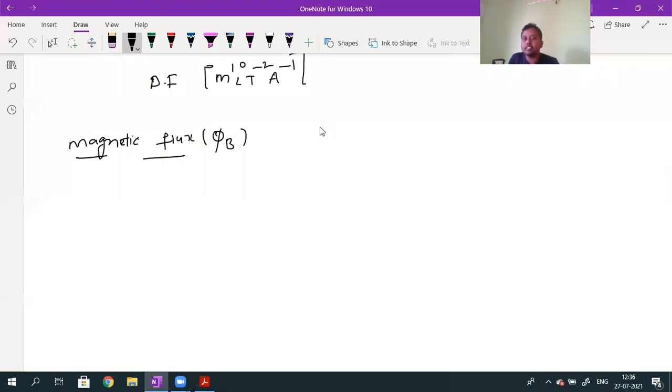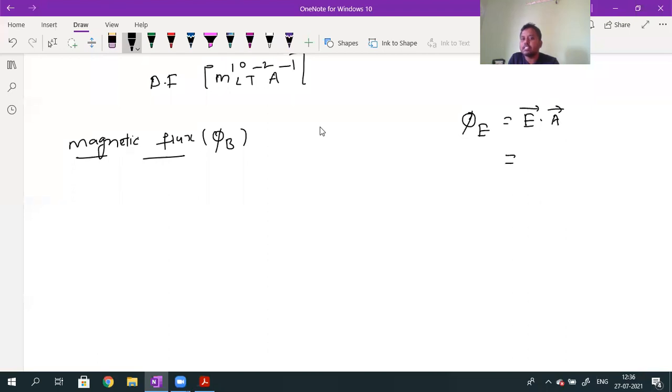What is electric flux? Electric flux is the measure of the number of electric lines of force passing through a given surface. Electric flux is the dot product of electric field intensity and area vector. Everything is interrelated with electrostatics. There we studied electrostatics, now we are studying magnetism. In electrostatics, electric field lines; here in magnetism, magnetic field lines.